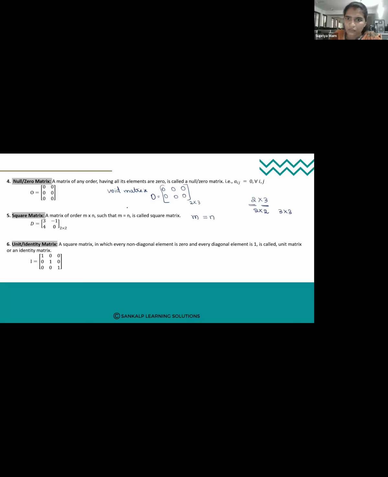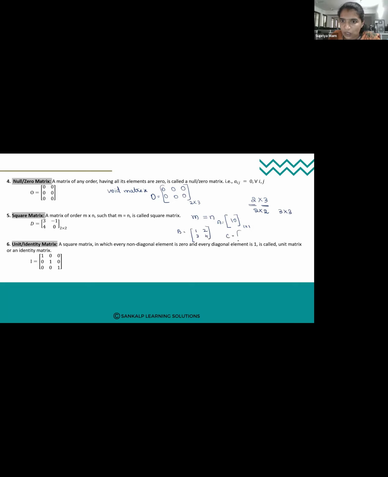So, if I consider an example for square matrix of order 1 by 1. One more example, B equal to 1, 2, 3, 4.